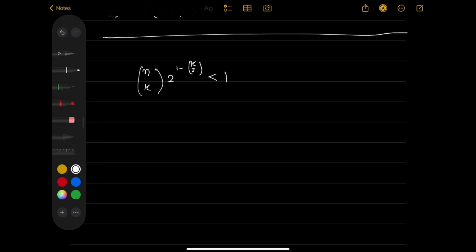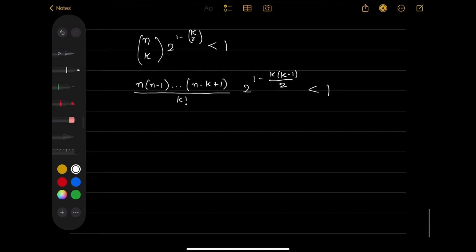Let us simplify these things. So n choose k means n times n minus 1 up to n minus k plus 1, and below we have k factorial, and this is times 2 to the power 1 minus k(k minus 1)/2. This is less than 1, okay?